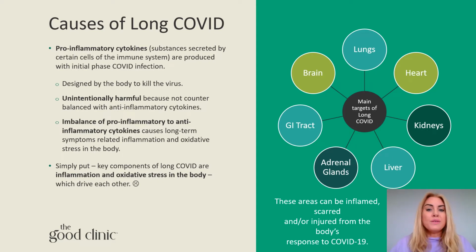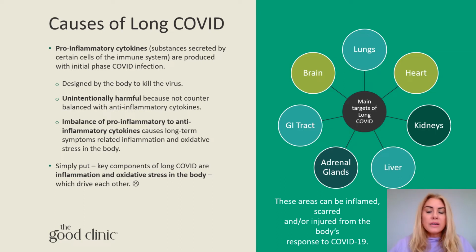So once you have inflammation in the body, it creates oxidative stress. The body having oxidative stress creates more inflammation. So it's this vicious cycle that goes on in the body as a part of this process. And there are certain key targets of long COVID in the body.